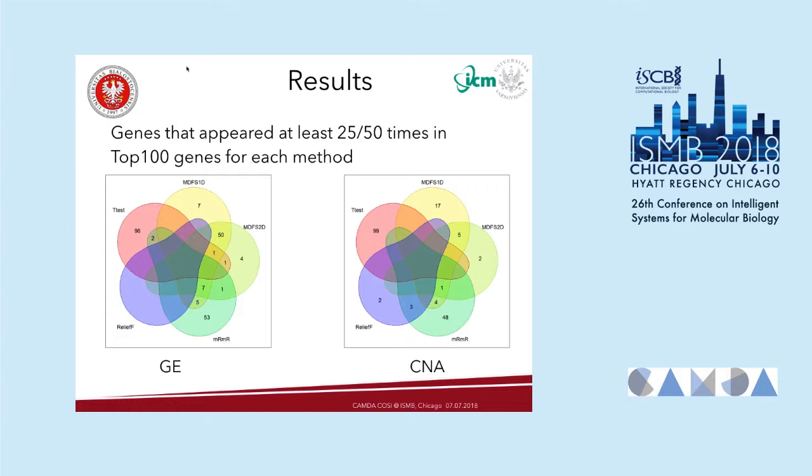For CNA, only 2, and for CNA, the results are even more diverse than for gene expression, and in particular, there are no features that are found as most relevant by all of these methods.